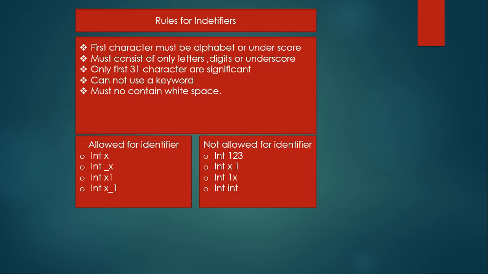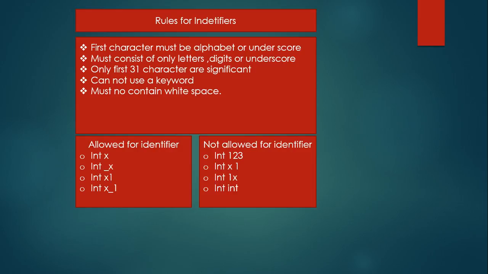In this presentation we simply discuss the rules for identifiers. There are some rules for defining identifiers. The first rule is that the first character must be an alphabet or underscore. Means an identifier always starts with an alphabet or underscore.